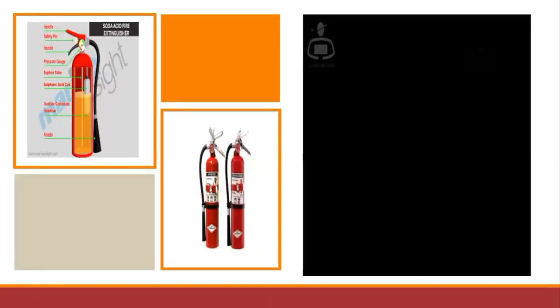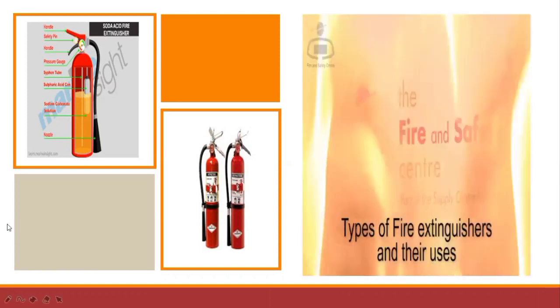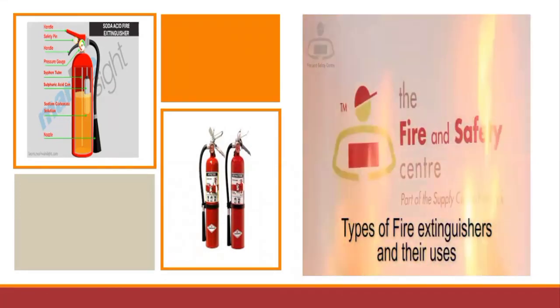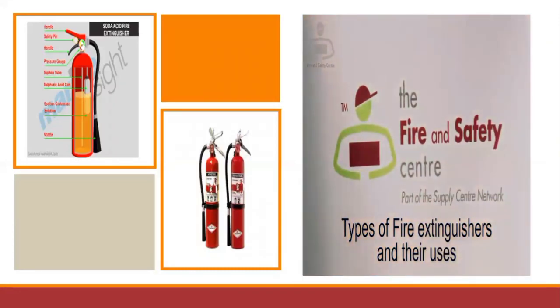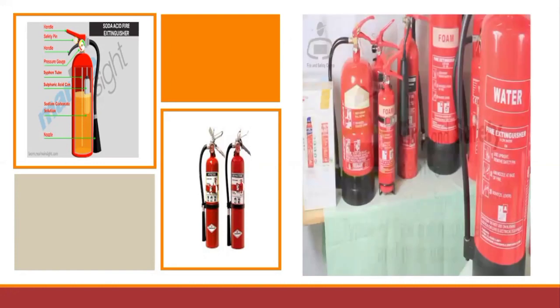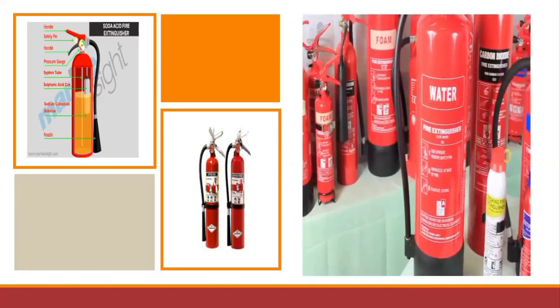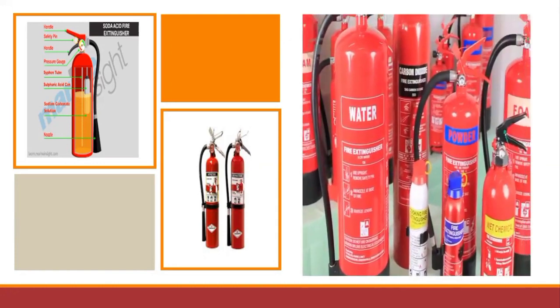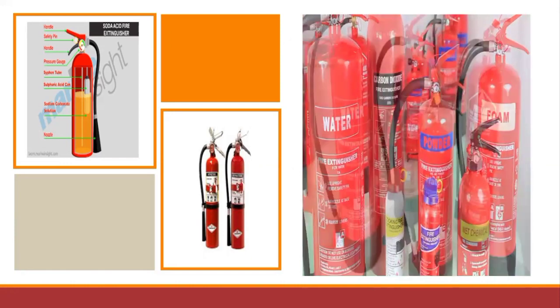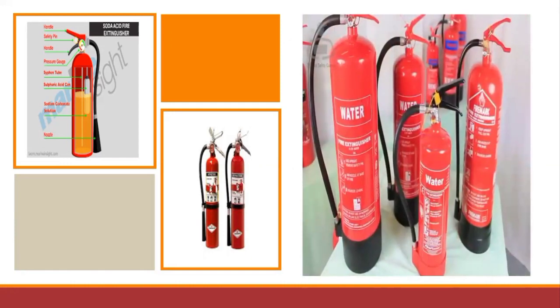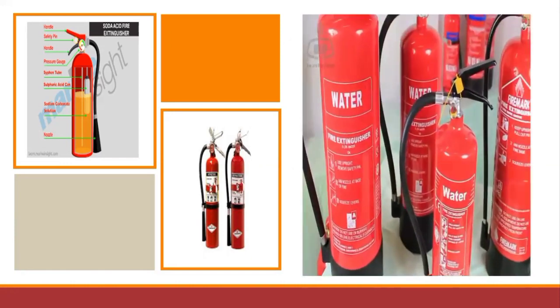So let us now proceed to the label of the fire extinguisher. Here, there are types of fire extinguishers, and each fire extinguisher has its own function, depending on what classes of fire you are dealing with.